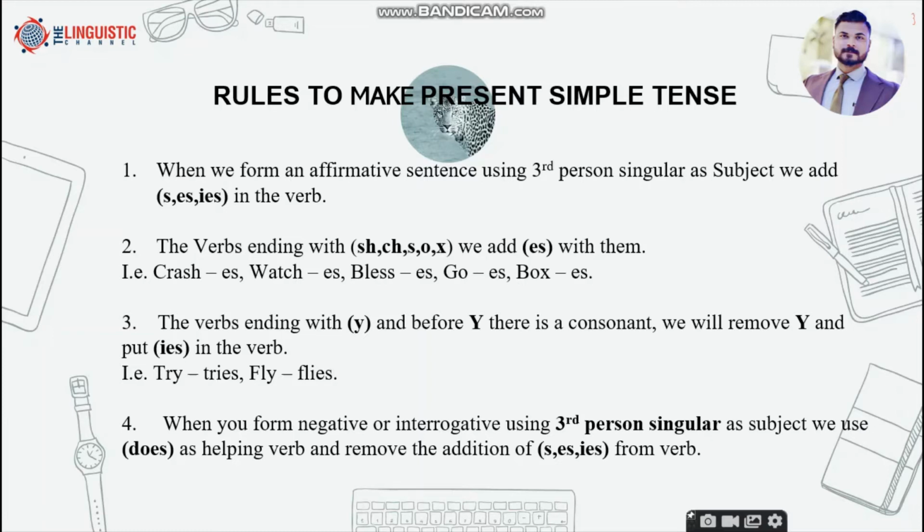The fourth rule, when we form a negative or interrogative, जब हम सवालिया या इनकारिया जुमला बनाएंगे third person singular के साथ as subject, ठीक है, so we use does as helping verb and remove the addition of s, es and ies from the verb. Now the question arises कि भाई हम s, es और ies का इजाफा क्यों हटाएंगे जब हम does लगा देंगे?